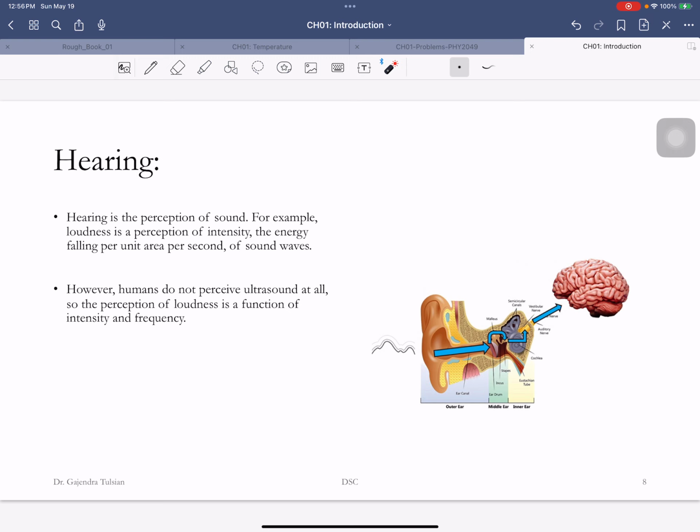Okay, hearing. So here's a pretty awesome instrument that we all possess, and what this does is it converts sound waves into electrical impulses. This instrument only understands electrical impulses. So this device converts a sound wave into electrical impulses. In the process, various parts of the ear amplify the sound.